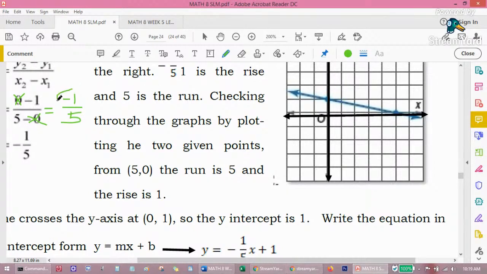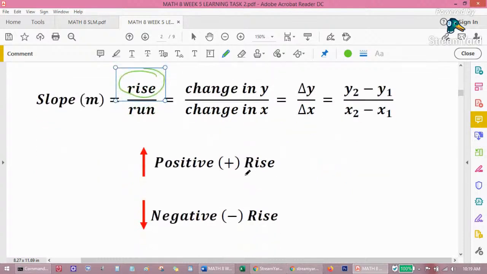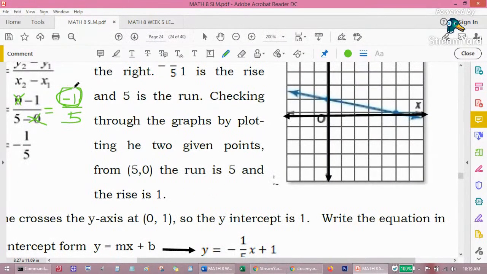So, negative 1, ibig sabihin, ito yung rise, yung nasa taas si rise. So, pag positive, maakyat. Pag negative, bumababa. So, since negative 1 to, bababa tayo ng isa. Stop tayo dun.